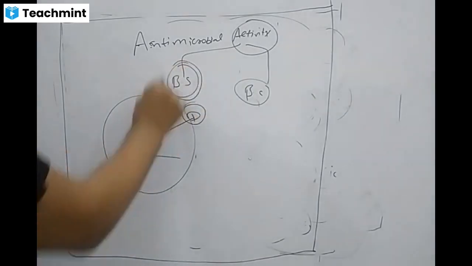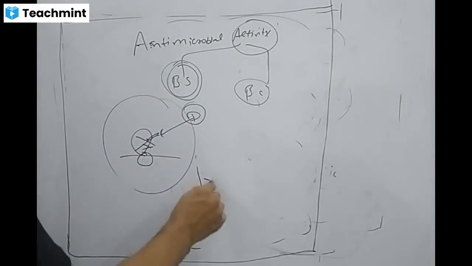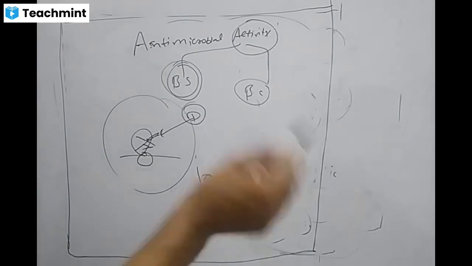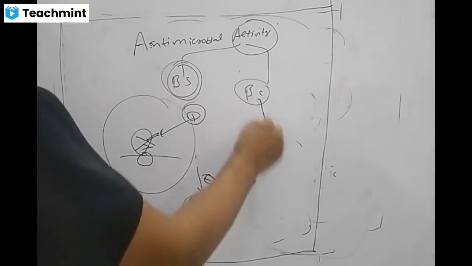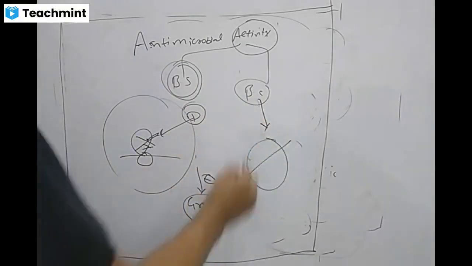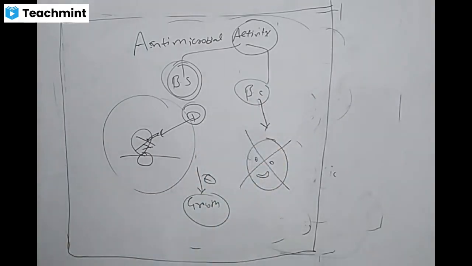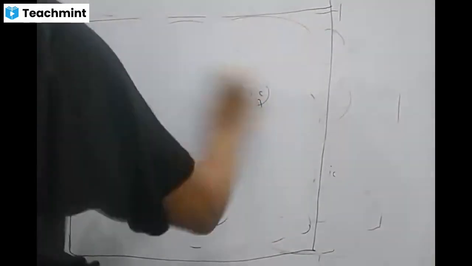So these are bacteriostatic. That may lead to inhibition of the growth. It means bacteria are present inside the body, but their growth is inhibited. In case of bactericidal, they directly kill the bacteria.